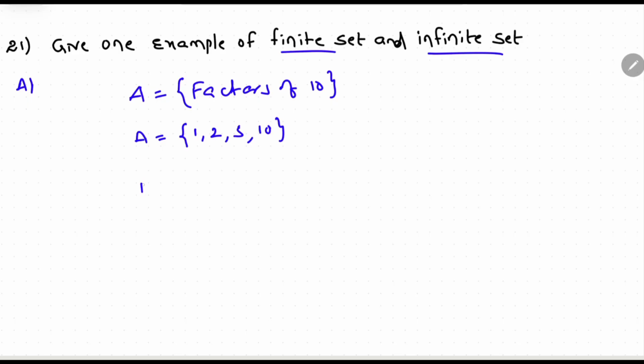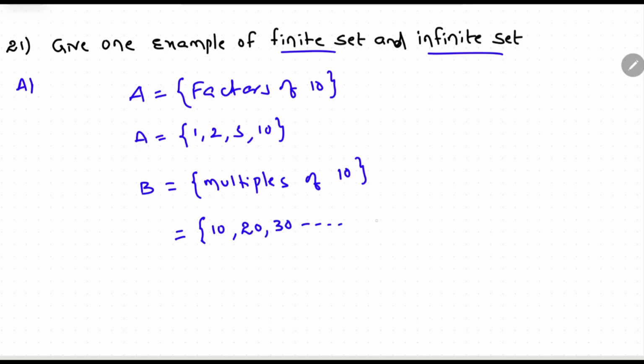Similarly, set B is infinite: multiples of 10, that is 10 times 1, 10 times 2, 10 times 3, and so on. So A is finite, B is infinite.